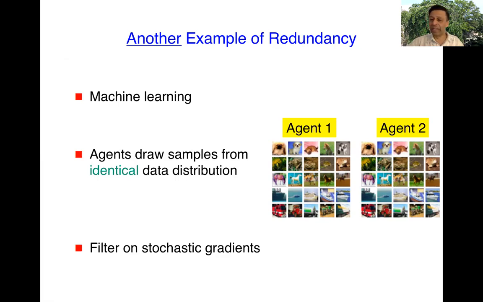The error is zero mean, and we tend to assume some nice bounds on the variance of the gradients. But long story short, in the machine learning setting, if all the agents have access to identically distributed data, then the solution I presented here can be applied to that setting as well for the stochastic gradient case.